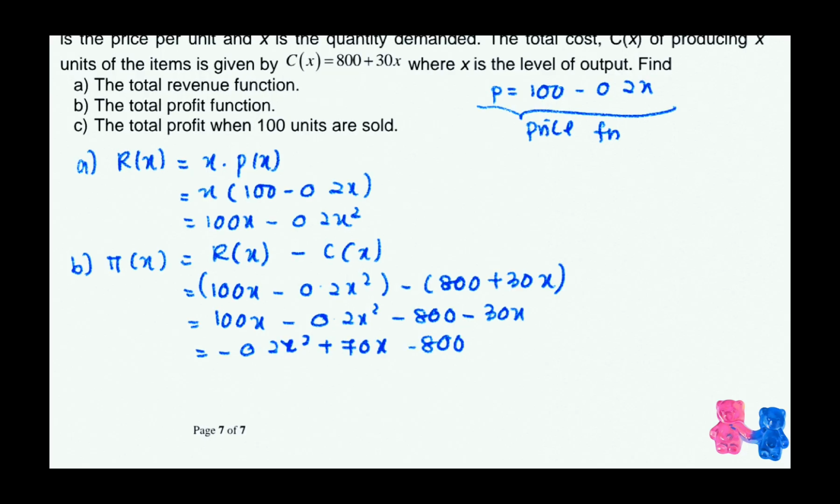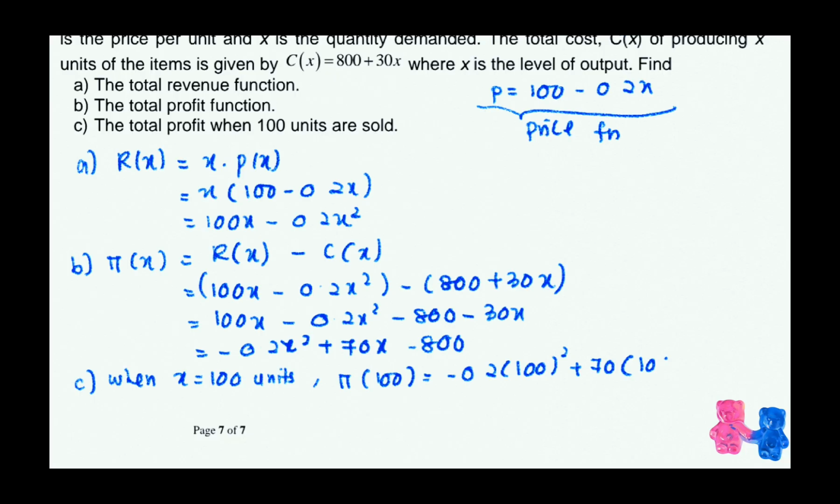And then for question C, find the total profit when 100 units are sold, meaning X equal to 100. So when X equal to 100 units, the profit for 100 is negative 0.2 times 100 squared plus 70 times 100 minus 800.